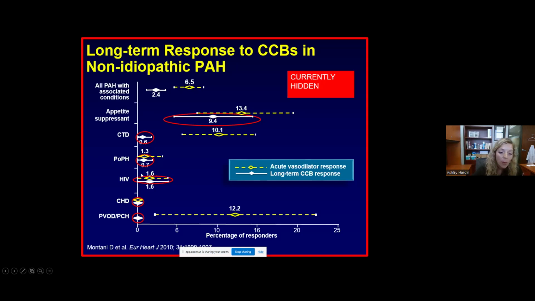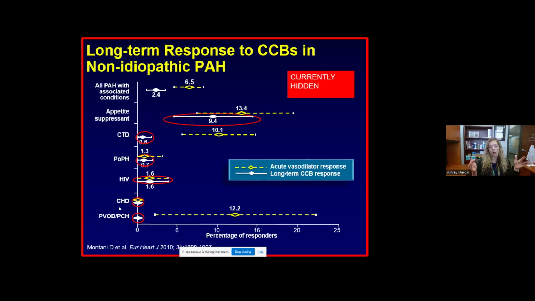POPH is portopulmonary hypertension, another type of group 1 PH, and those who tend to have maybe an acute vasodilator response, it's not a whole lot of them that are responders, and they don't tend to have a long-term calcium channel blocker response. And that's similar for HIV, congenital heart disease, and then pulmonary veno-occlusive disease or pulmonary capillary hemangiomatosis.